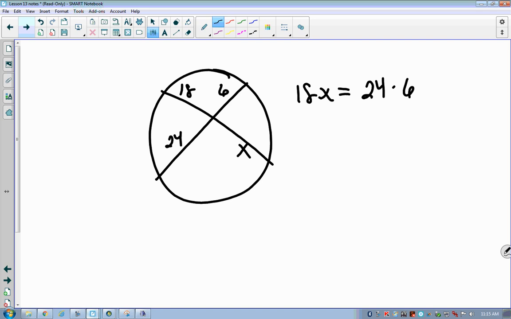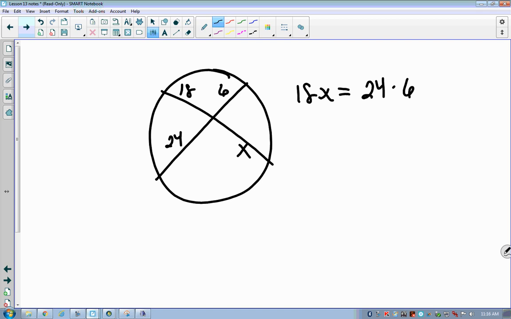I feel like we've done this, but maybe we haven't. You take the product of the chord segments, which is equal to the product of the other chord segments. We're talking about parallel lines cut by transversals in geometry this morning.